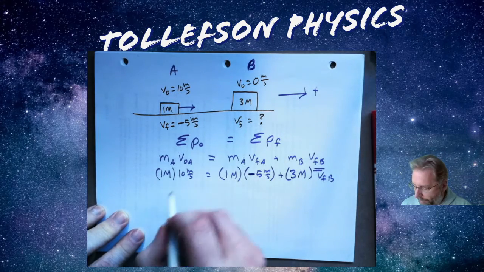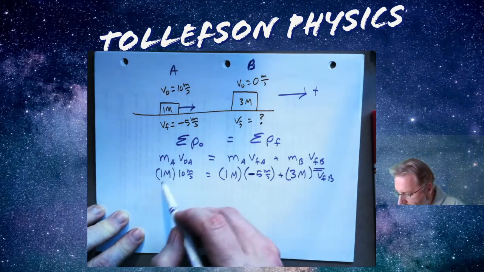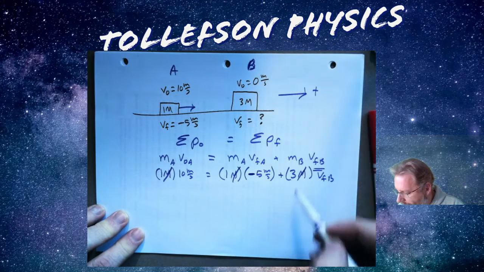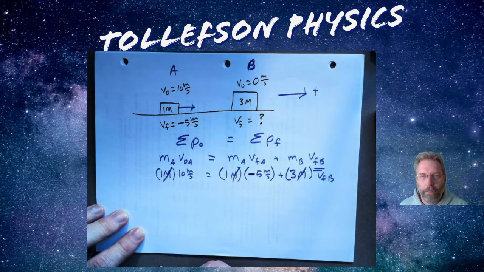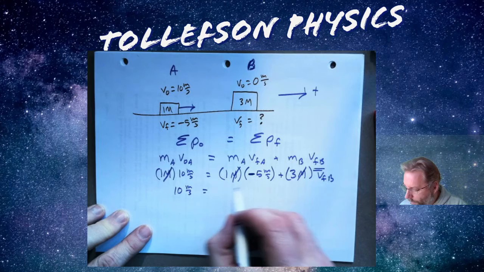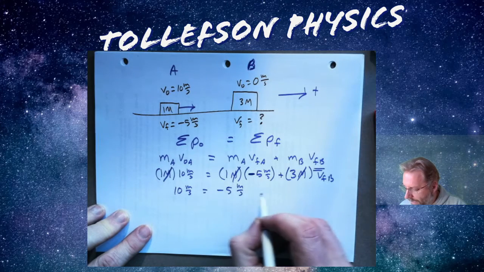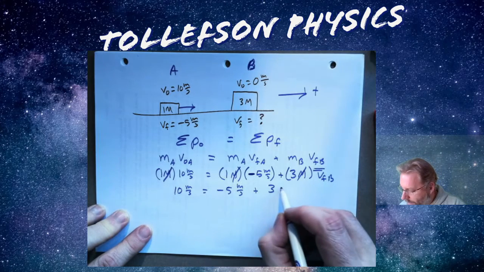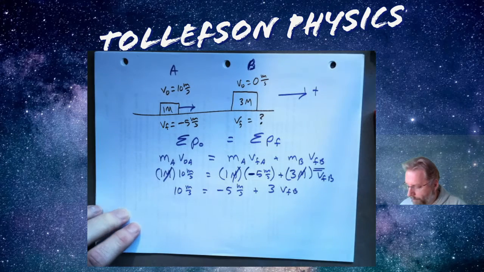I have the masses actually cancel, right? There's an M, an M, and an M. So that kind of goes bye-bye, thankfully. So what am I left with? 10 meters per second equals negative 5 meters per second plus 3 times VF for the B block.